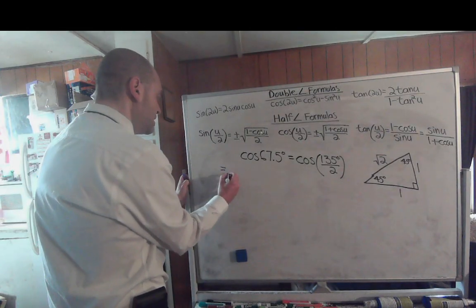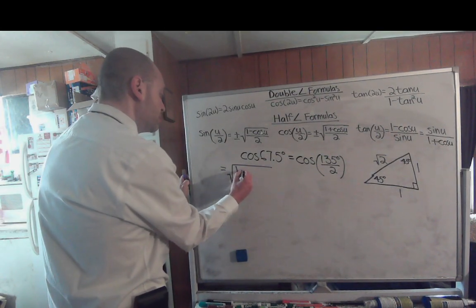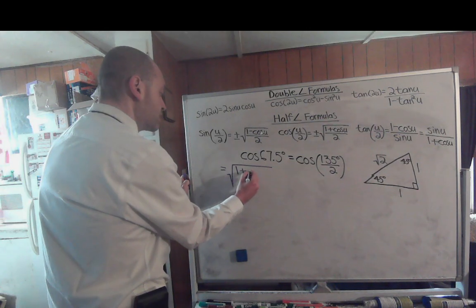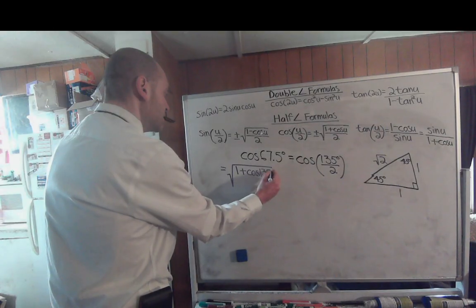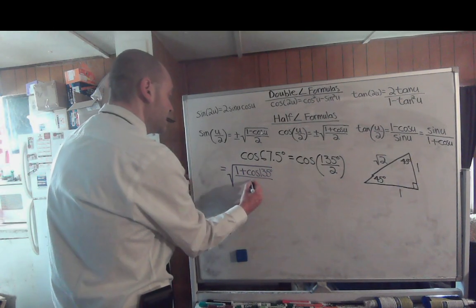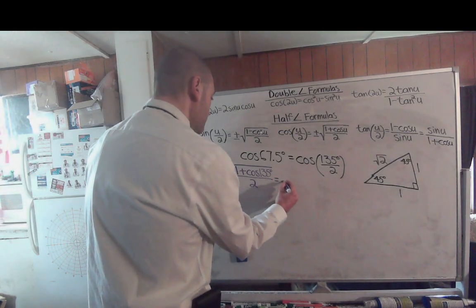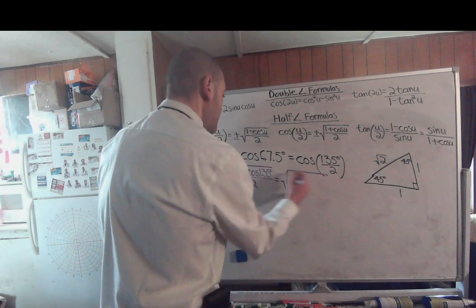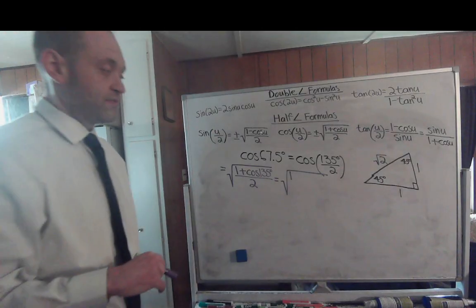So this will be equal to the square root of 1 plus the cosine of 135 degrees, all that divided by 2. Well, this is where it gets fun now. So we're going to have 1 plus, what is the cosine of 135 degrees?